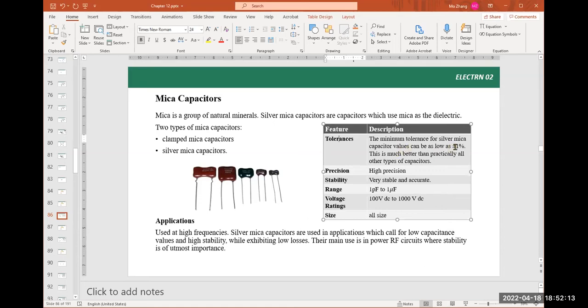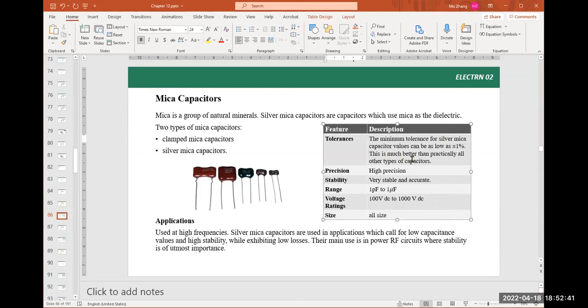It's plus and minus 1%. Which means if a manufacturer makes a capacitor, it's pretty stable. The value doesn't change a lot. It changes by up to 1%, either going up or down.